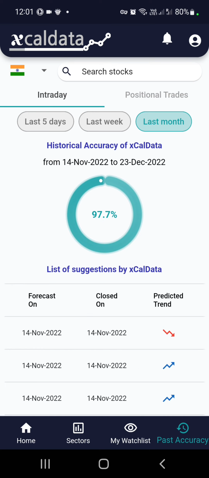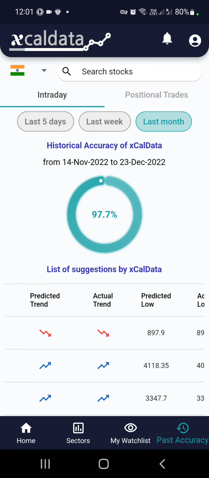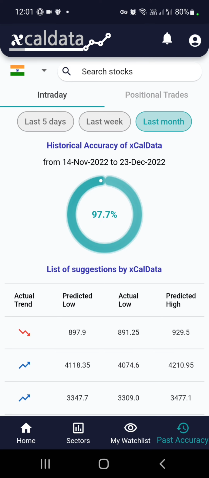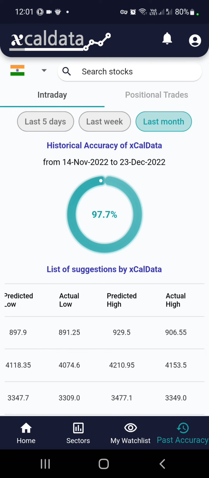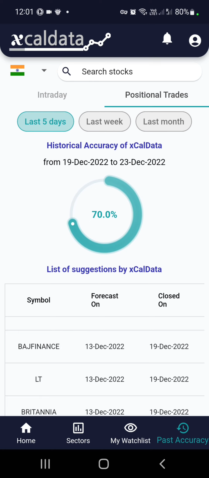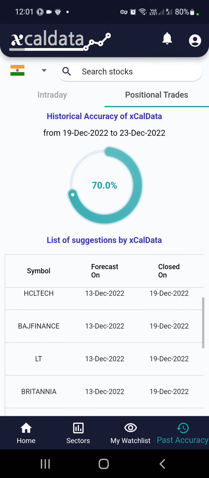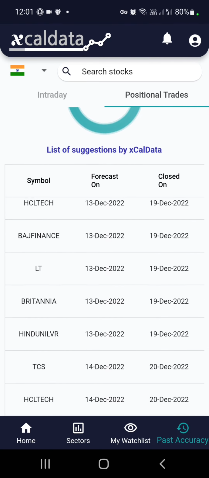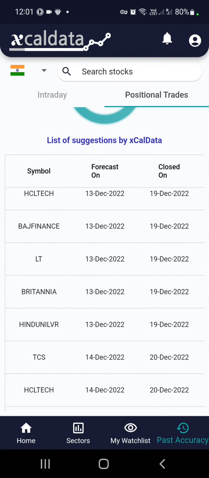You would see the symbol, the date, the close date, the forecast trend and the actual trend, predicted low and the actual low, and the predicted high and the actual high. So that's pretty clear. On the positional trades, of course, these are long range trades. So the accuracies have been for 4-day periods.